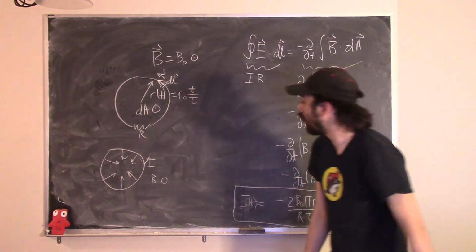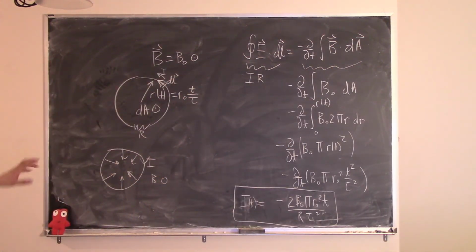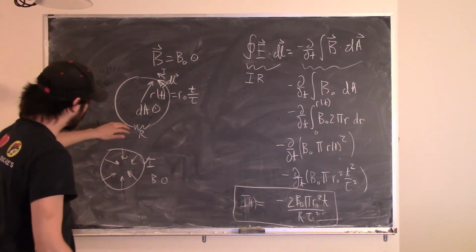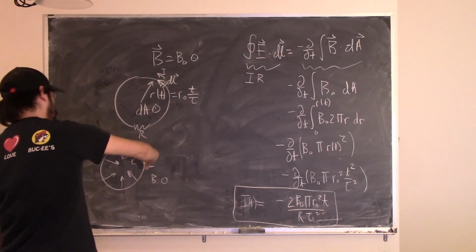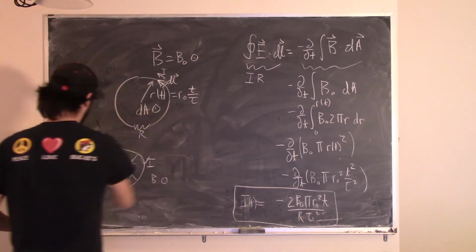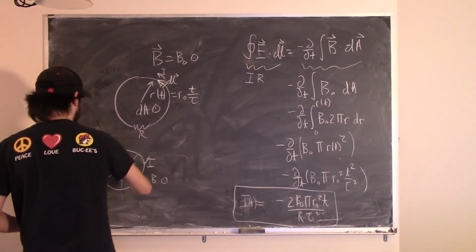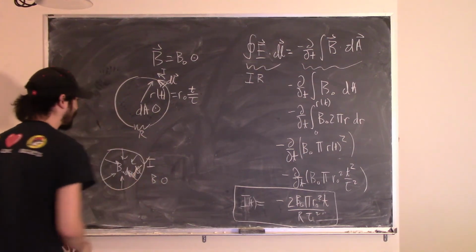We can look at this the other way as well. And so we can think about what the direction of the current is going around here and what the direction of the induced magnetic field is going to be. So if the current goes in this direction, thumb in the direction of the current, curl in the direction of the magnetic field, that tells me that the induced magnetic field, B induced, is going to be pointing in.